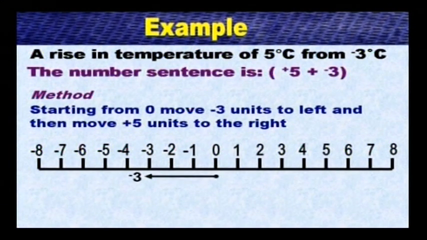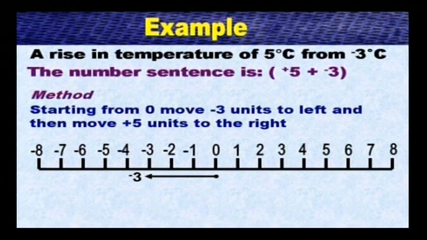So we start from 0 and move -3 to the left. Why to the left? Because we have a negative integer. And then we move positive 5 towards the right. This time, which direction should the arrow go, left or right?